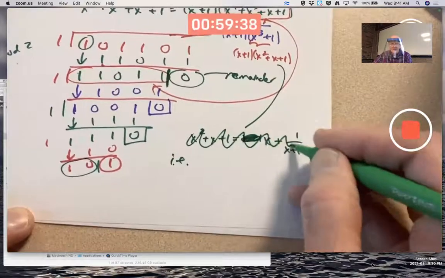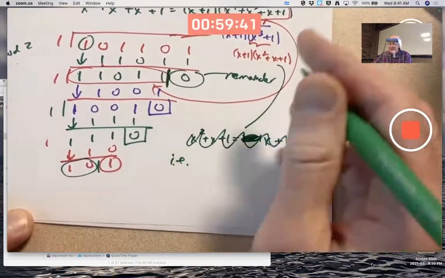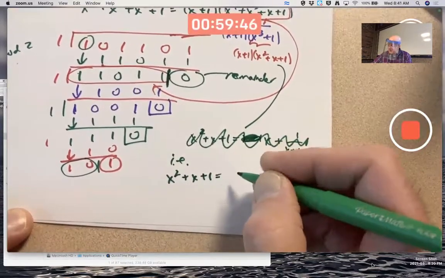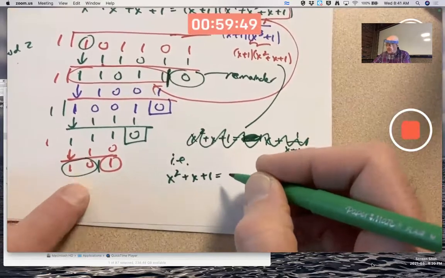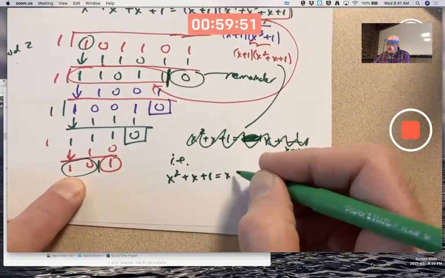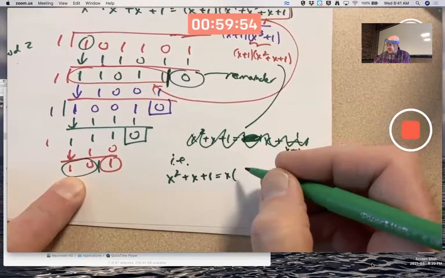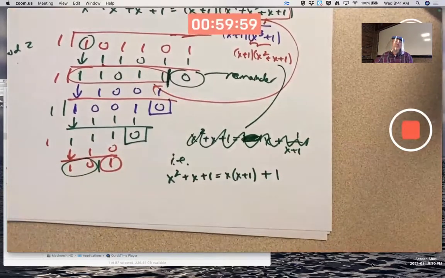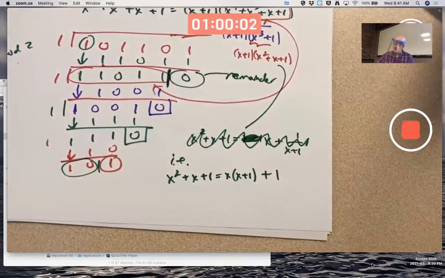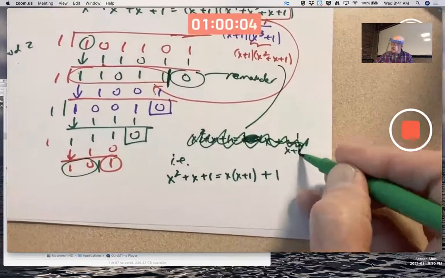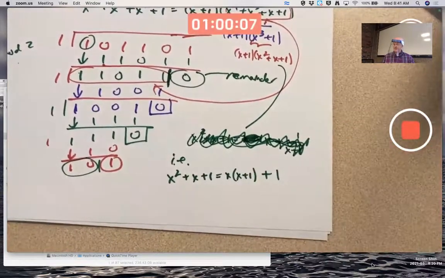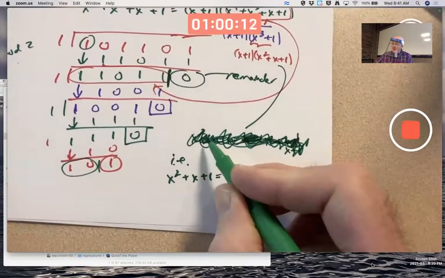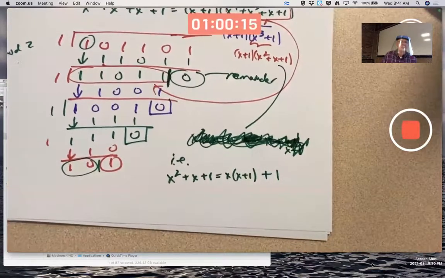Let me cross this off. What was I doing? I was taking x squared plus x plus 1 and dividing by x plus 1. It's better to write it as the quotient, which is x, times what I was dividing by, which was x plus 1, plus the remainder, which is 1. And that's obviously true. Scratch off that. Yeah, I wrote that wrong even, so ignore it.